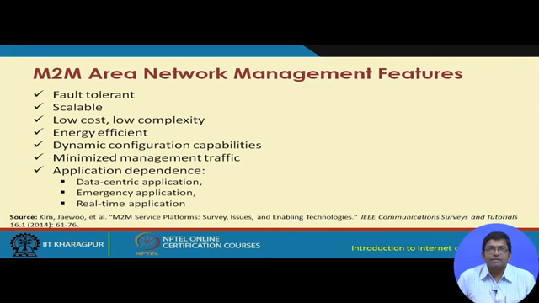So, efficiency is taken care of, it still remains efficient. Low cost and low complexity are other features, energy efficiency, dynamic configuration capabilities, then minimized network management traffic, and these are important features of M2M area network management.